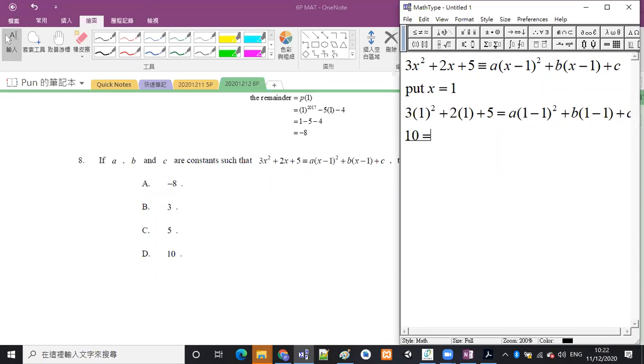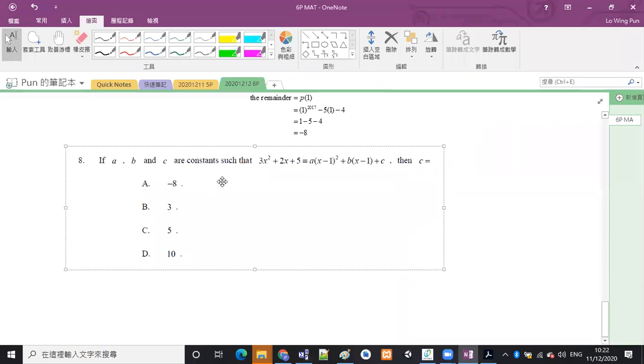And the right hand side is just 0 plus 0 plus C. That is just C. So C is equal to 10. That is the answer. Get this?